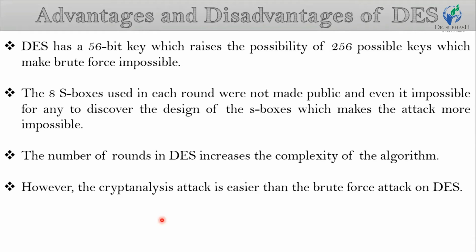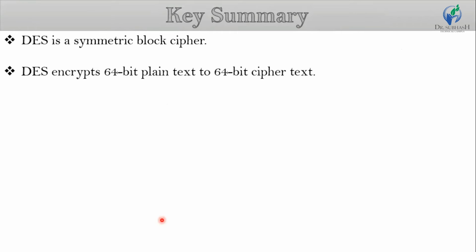Now I will explain the key summary of this algorithm. DES is a symmetric block cipher. DES encrypts 64-bit plain text to 64-bit ciphertext. DES uses a 56-bit key for encryption.